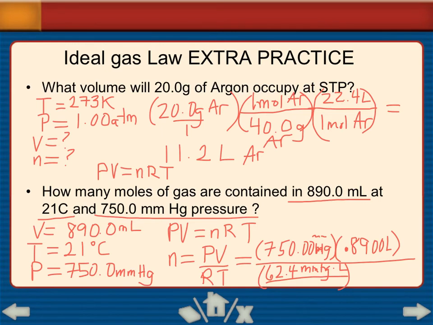Let's see, millimeters of mercury per mole Kelvin. 62.4 millimeters of mercury liters per mole Kelvin, and then the temperature has to be converted into Kelvin, so 21 plus 273 Kelvin.